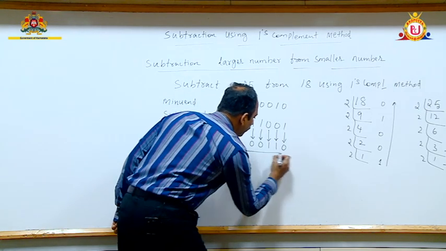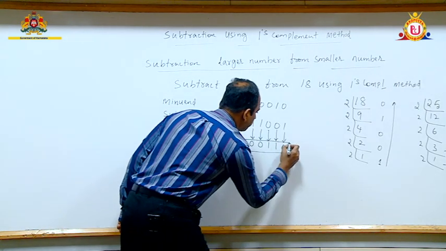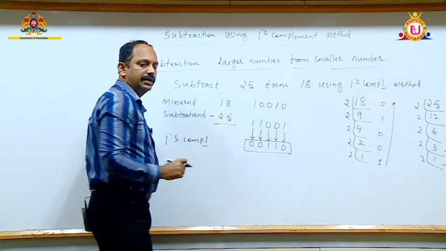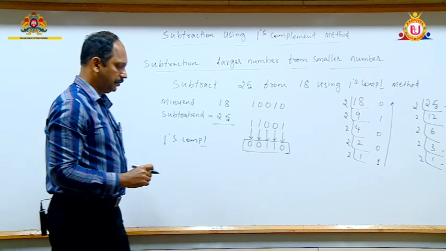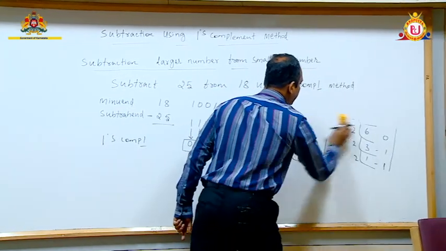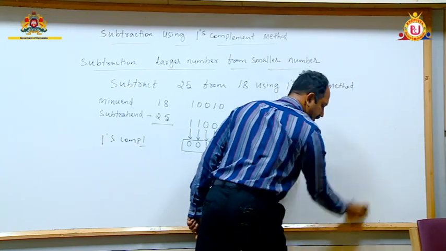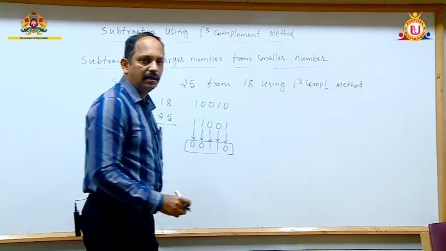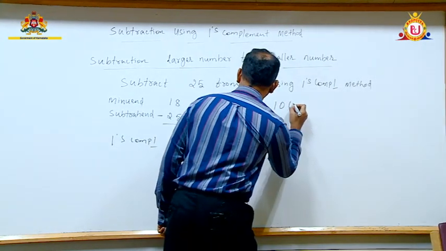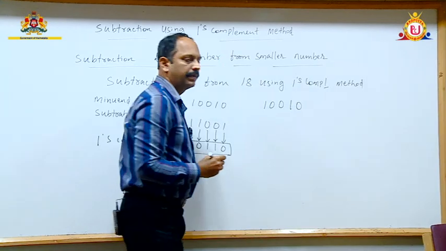Now this number is added to the minuend. So let me rewrite the entire binary sequence of the minuend and the subtrahend. So 1 0 0 1 0.